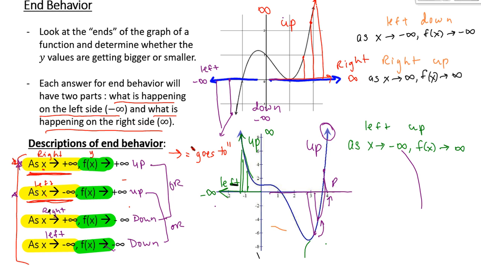It's pointing up. So on the right side, it's also going up, which is perfectly fine. We would say as x goes to the right, which is positive infinity, f of x goes up, which is also positive infinity. And those would be your two statements about end behavior.